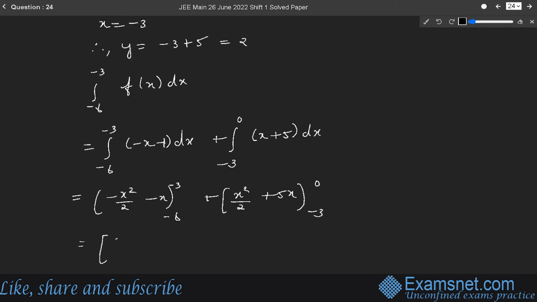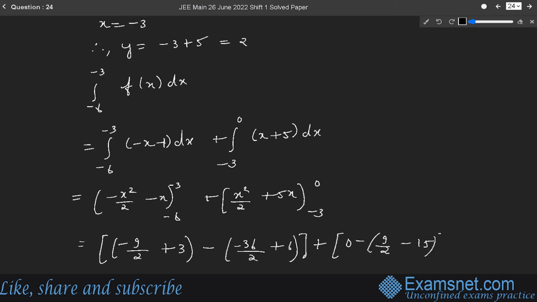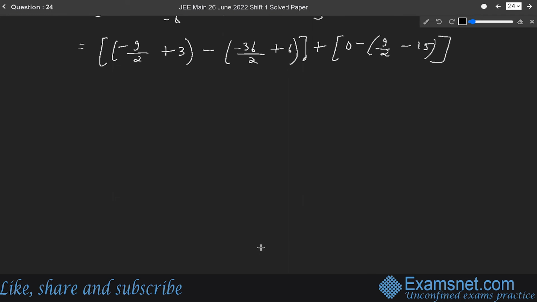So this will be equal to minus 9 by 2 plus 3 minus 36 by 2 plus 6 plus 0 minus 9 by 2 minus 15. Now, on further solving this, it will be equal to minus 3 by 2 plus 12 plus 21 by 2. It is equal to 21 by 2.